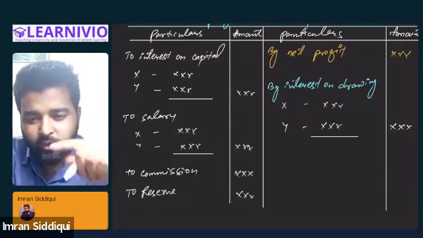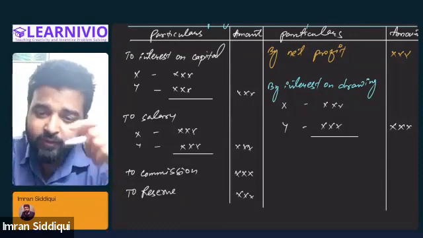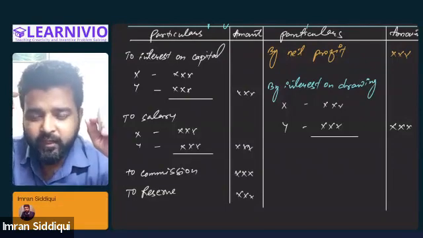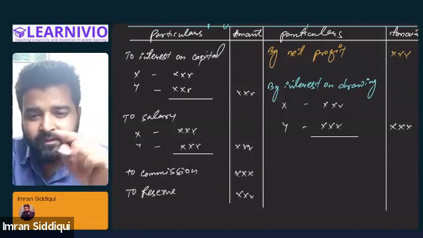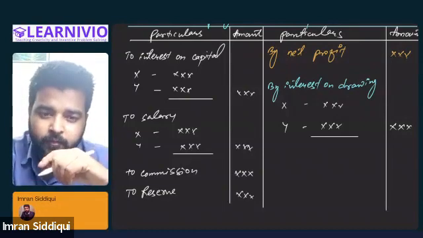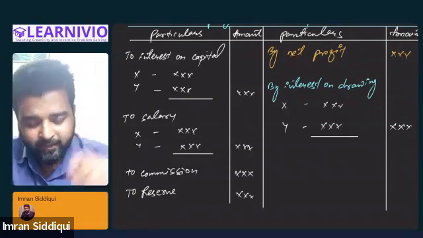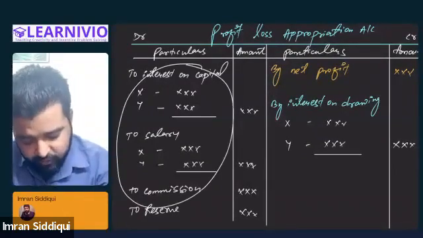It is an income for the partnership firm, so it will be recorded on the credit side. And interest on capital, salary, commission, all of this will be considered an expense for the partnership firm, therefore recorded on the debit side. So if you pay close attention to this account, you will understand that all those things which are treated as an expense for the partnership will be recorded on the debit side.